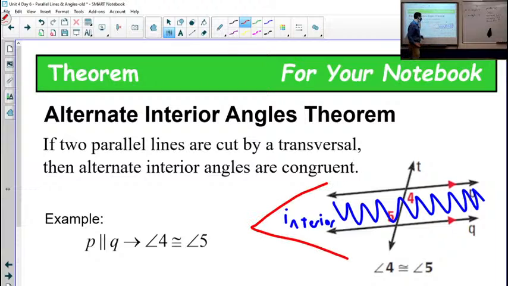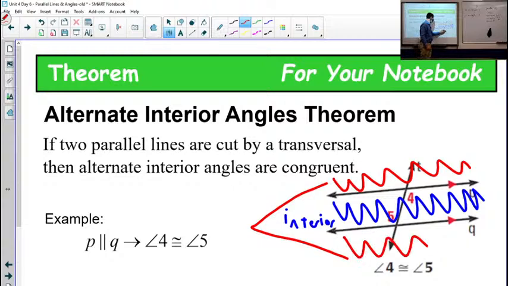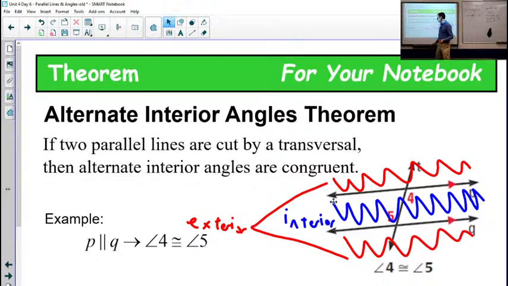We're going to call this space outside of my borders, outside of the parallel lines, that's going to be my exterior. So alternate, different sides of the transversal. Interior, inside the parallel lines.